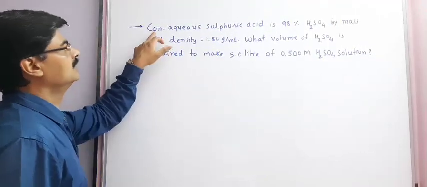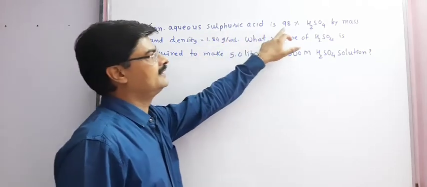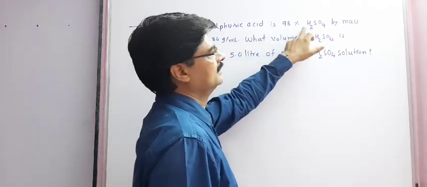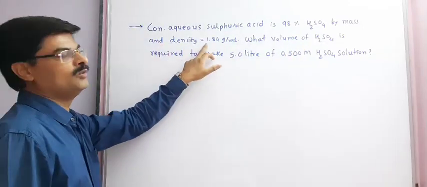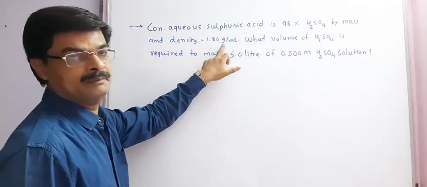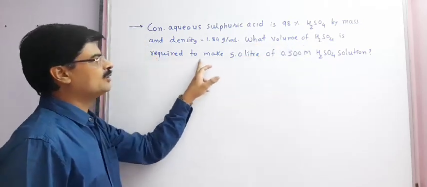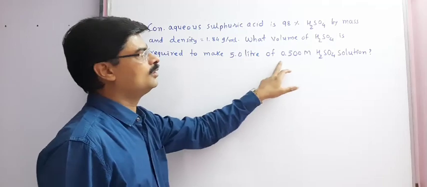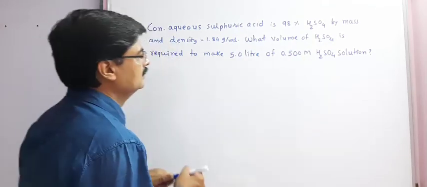In the next sum, concentrated aqueous sulfuric acid is 98% H2SO4 by mass and density is given as 1.84 gram per ml. What volume of H2SO4 is required to make 5 liters of 0.5 molar H2SO4 solution?